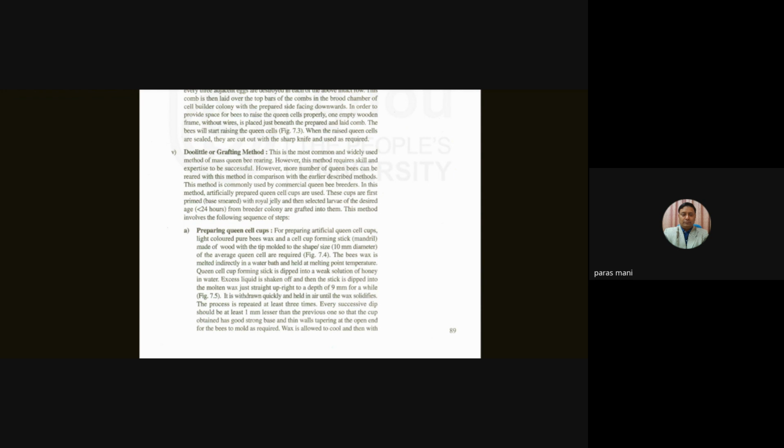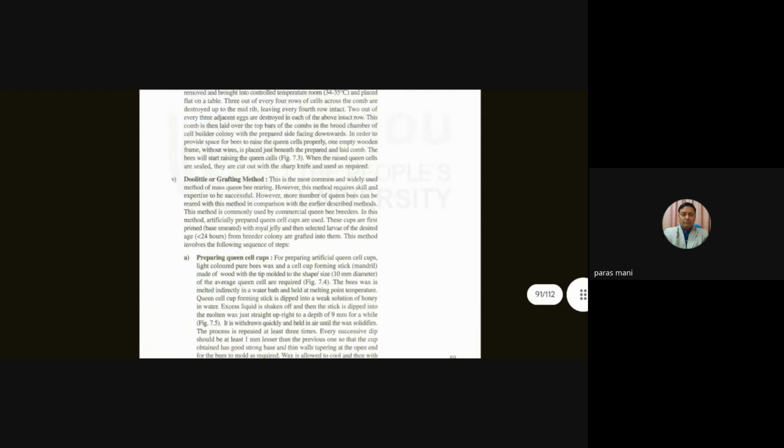At that temperature the wax melts completely, and it can be made into sheets and preserved for a long time and utilized for different things. You can make a comb foundation sheet from that, or you can use it for making queen cell cups.